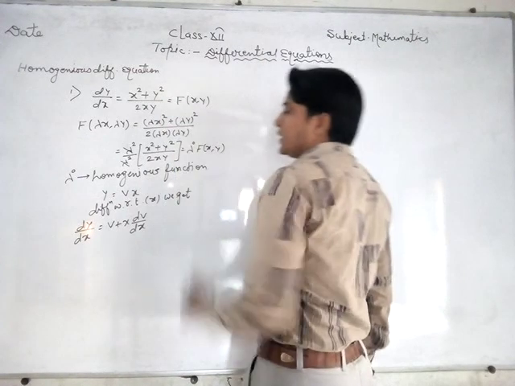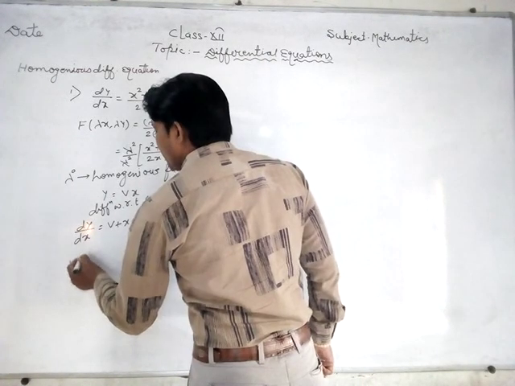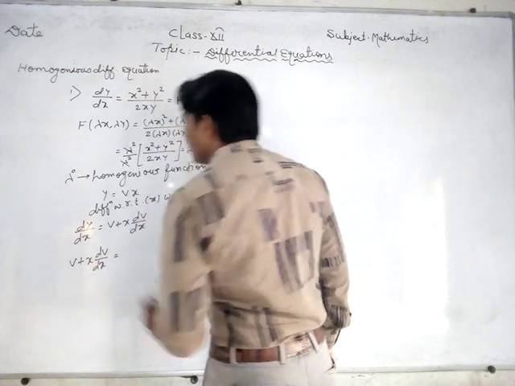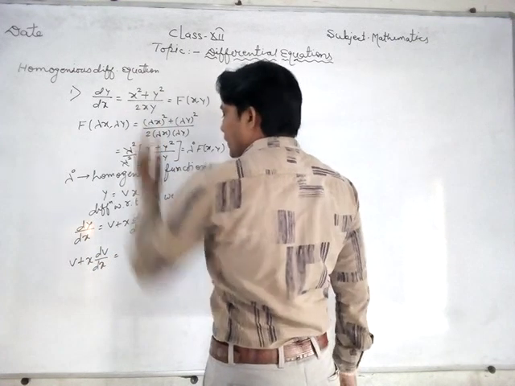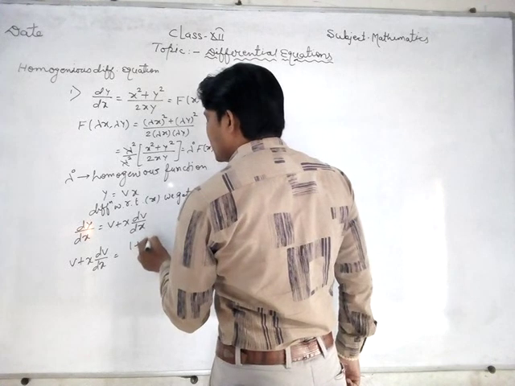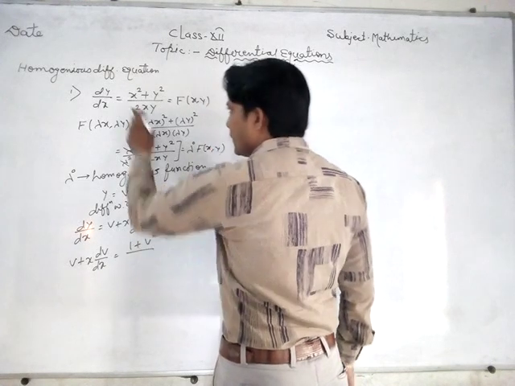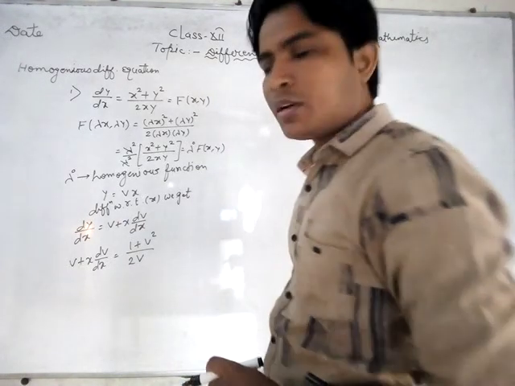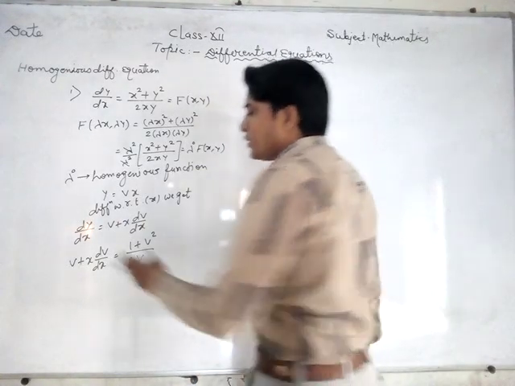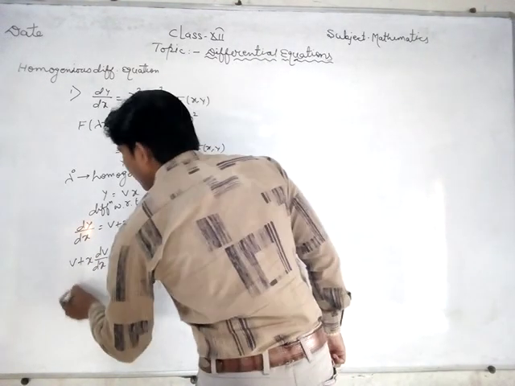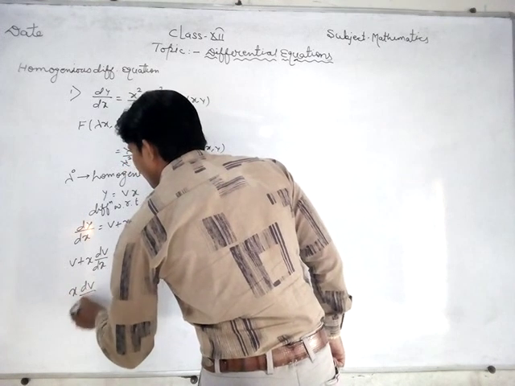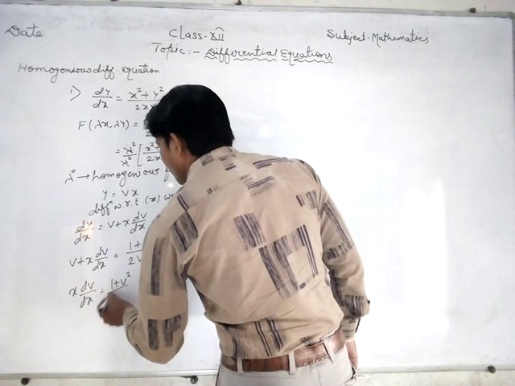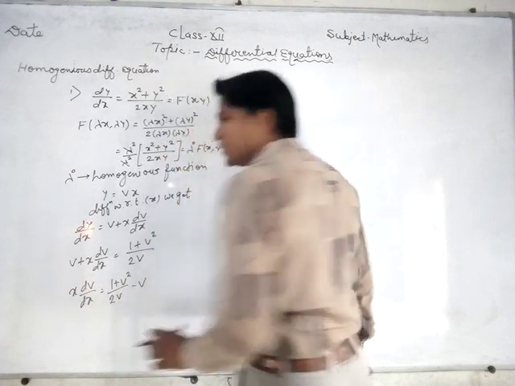Now if we put this in, v plus x dv by dx equals 1 plus v square divided by 2v. Now if we transfer v, we get x dv by dx is equal to 1 plus v square upon 2v minus v.